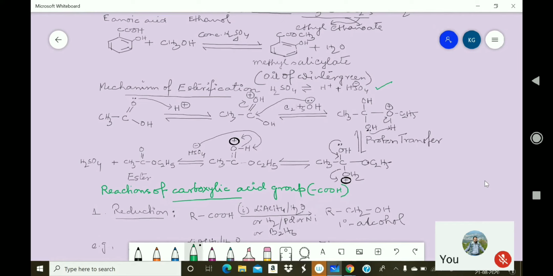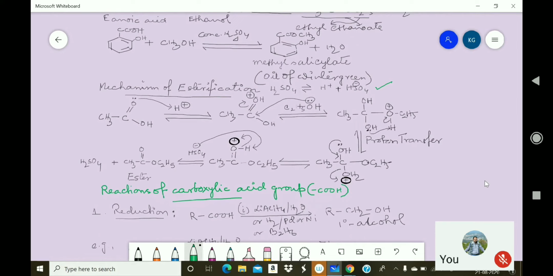The lone pair is attacking the H plus ion, forming this intermediate. Now next, the lone pair of this alcoholic group is attacking the electrophilic center of this carboxylic acid intermediate, then giving rise to this intermediate where a proton transfer process is taking place.